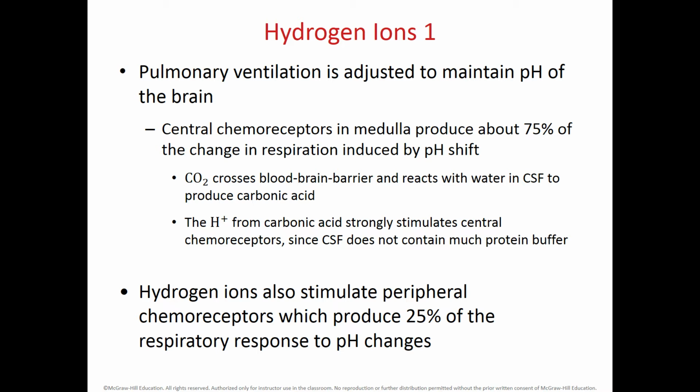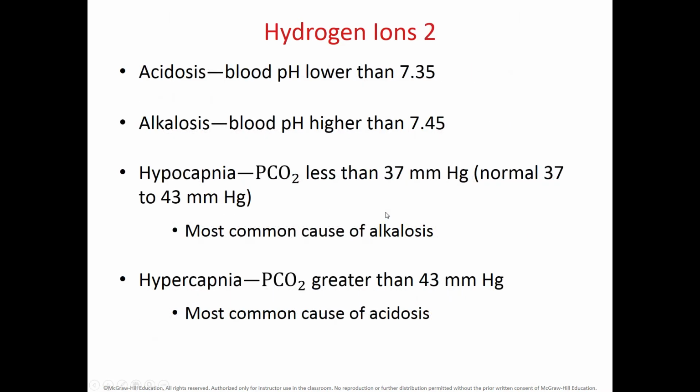And the hydrogen ions then will help to stimulate the peripheral chemoreceptors, and that will produce around 25% of the respiratory response to the pH changes, while 75% of these changes will be detected by central chemoreceptors that we have within the medulla oblongata.